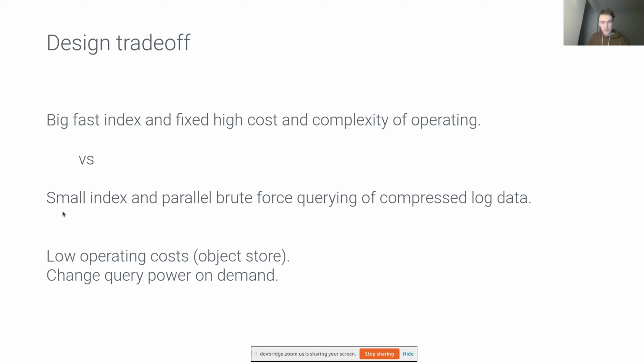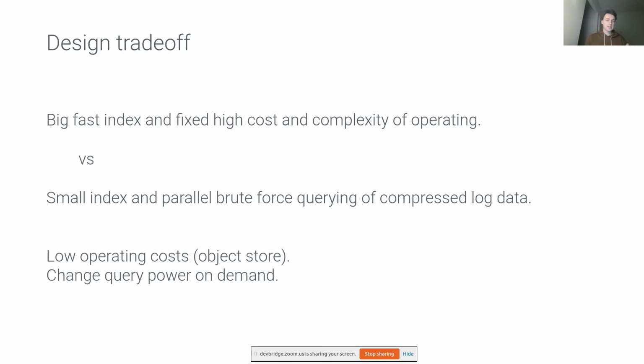And with Loki, we have low fixed operating costs, because all the data is compressed and stored in object storage. And we can scale Loki to increase its query power. So we change our query power on demand.